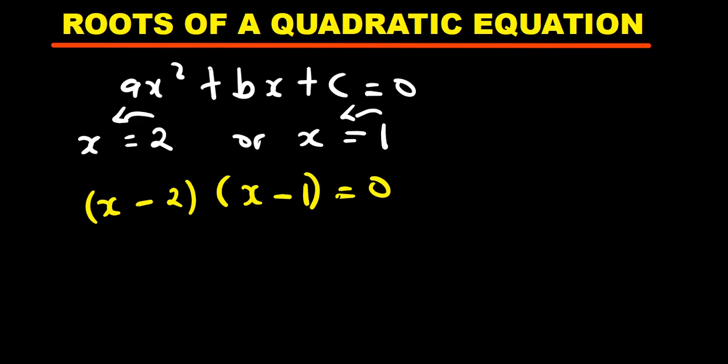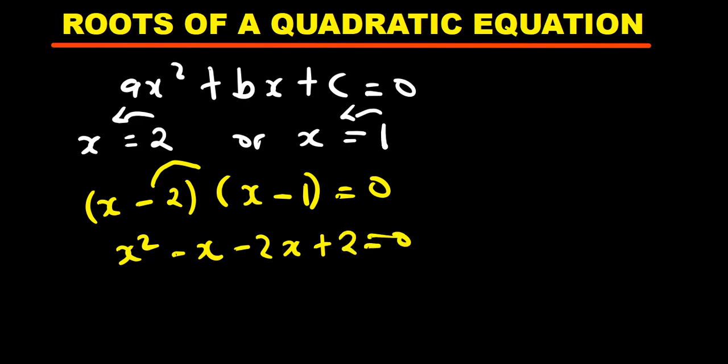Then if we are going to expand this, your x will multiply by everything in the brackets. So we have x squared minus x. Now your negative 2 multiplied by everything in the brackets, what are we going to have? You have negative 2x plus 2 equals 0, like that.